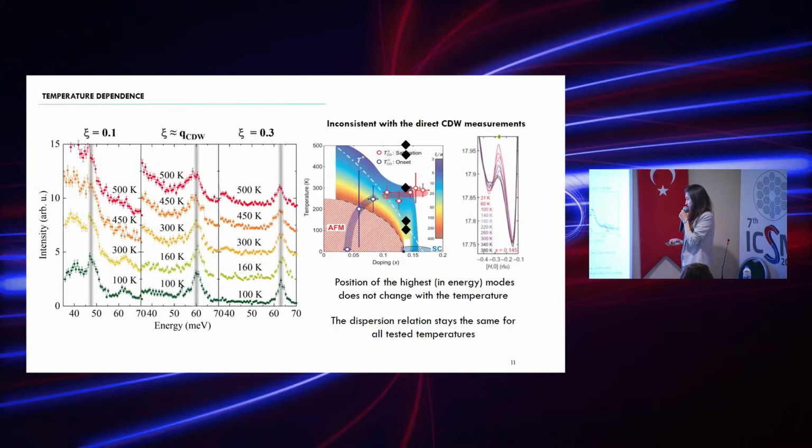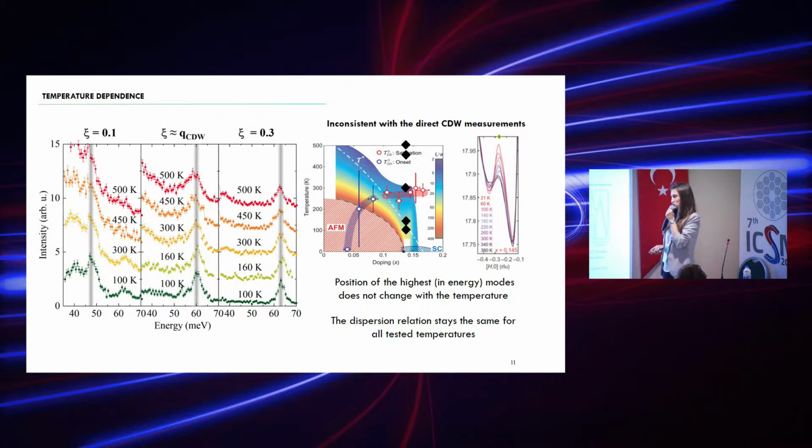And to prove that, we also performed temperature-dependent studies. And so we go through these points across the phase diagram of NCCO. So we compared inelastic X-ray scattering data for different temperatures and at different wave vectors, close to the CDW wave vector and also at other points. And what we see is that observed phonons are exactly at the same energy, at the same position.